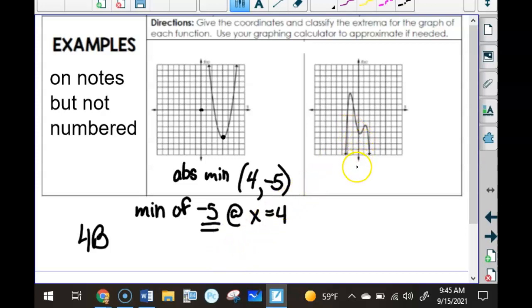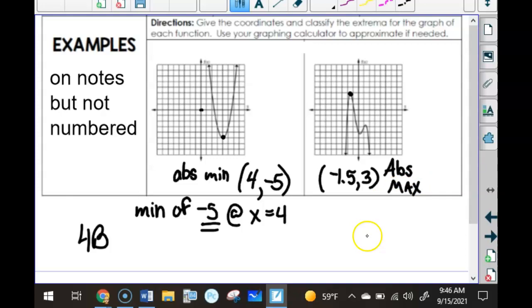All right, over here, what do we have going on here? What's this dot? That is an absolute max, and it occurs, is it like (-1.5, 3), or close enough? That would be an absolute max.